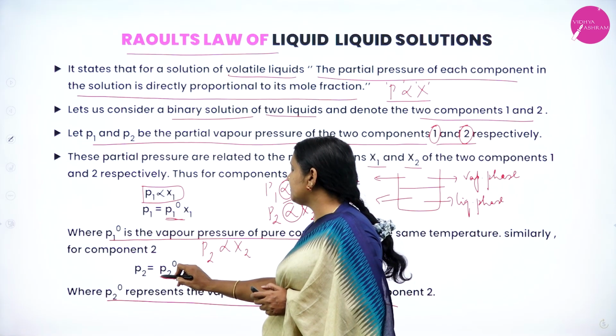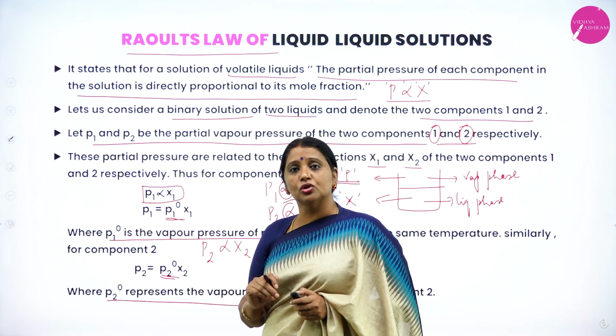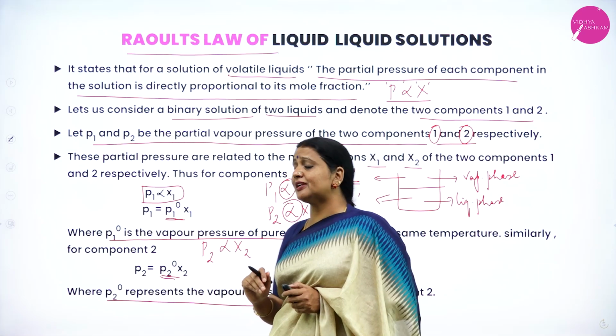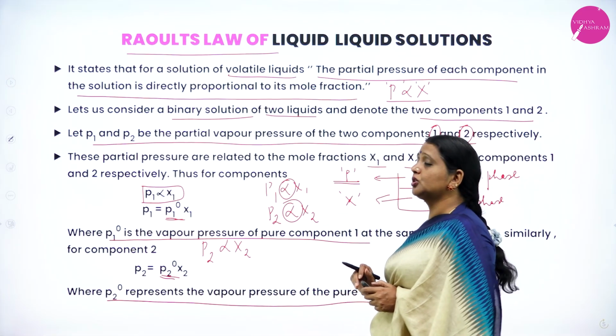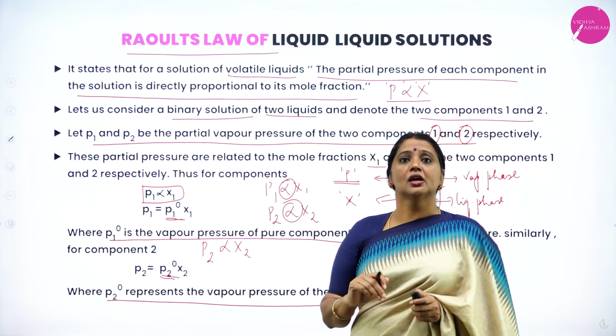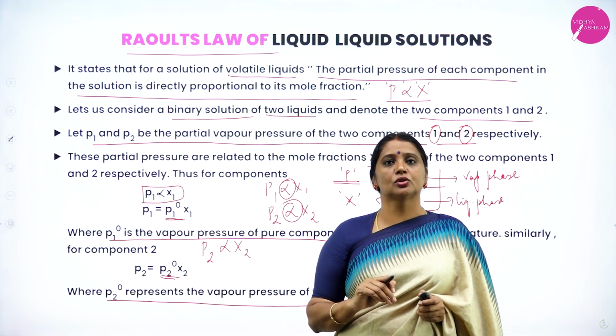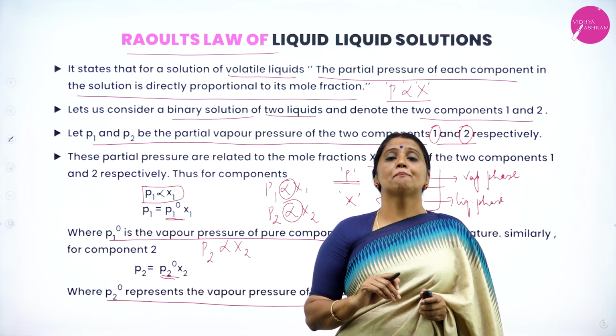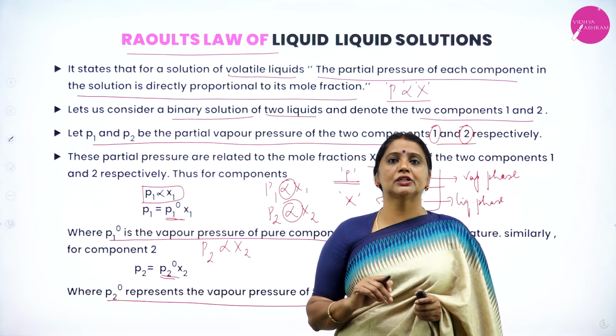P1 naught and P2 naught are the vapor pressures of pure components 1 and 2, X1 and X2 are the mole fractions, and P1 and P2 are the partial pressures of components 1 and 2.